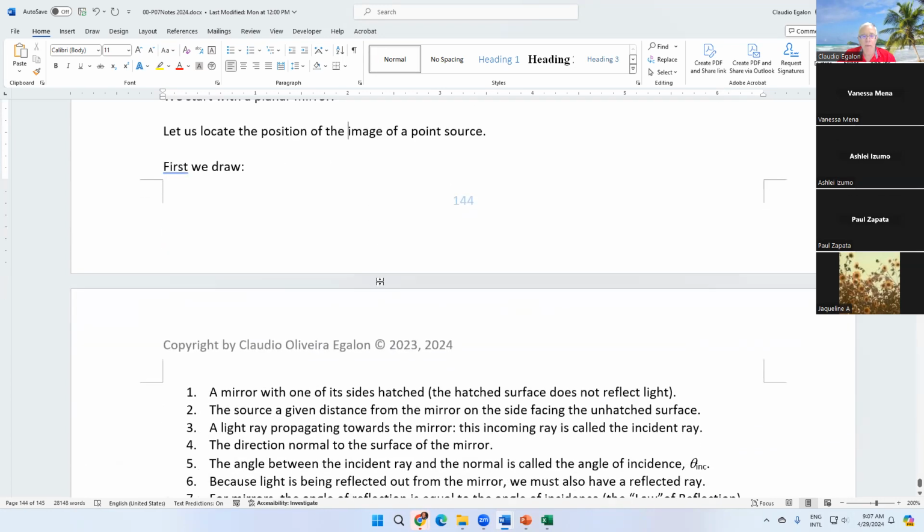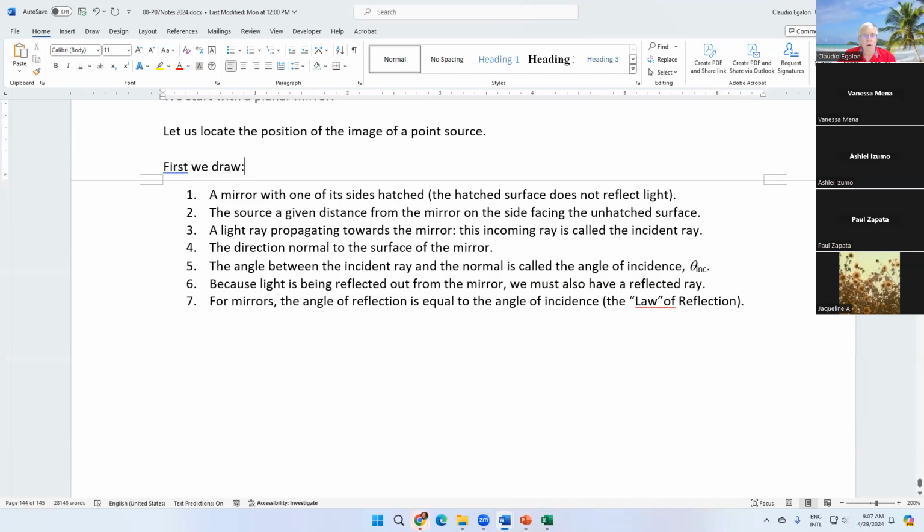First we draw, and we go through this process. Draw a mirror, the source at a given distance from the mirror, a light ray, the incident ray, direction normal to the surface of the mirror, the angle between the incident ray and the normal, and the reflected ray. And let's not forget, the angle of reflection is equal to the angle of incidence.